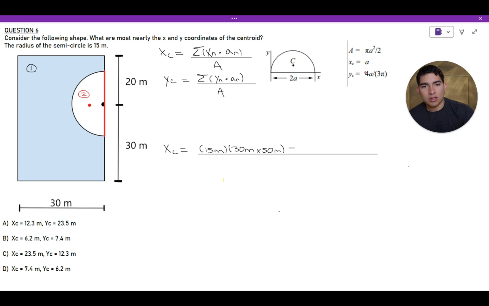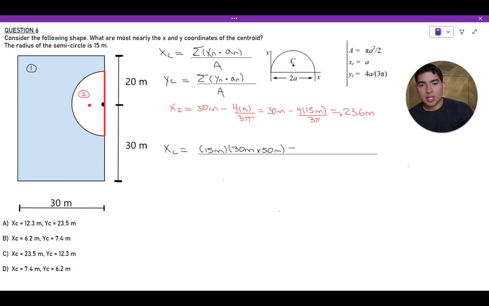We're going to use this right here to find our x-coordinate instead of this. So let me show you what I mean. We're going to use this formula right here. We need to subtract that from 30 meters because that is the length of the entire shape, as you can see here. And then the x-coordinate of the centroid is going to be right here where this red dot is.